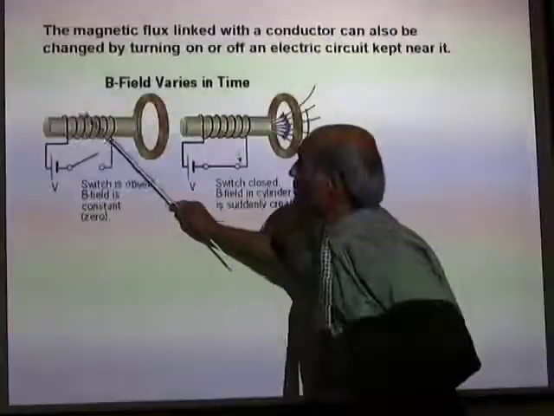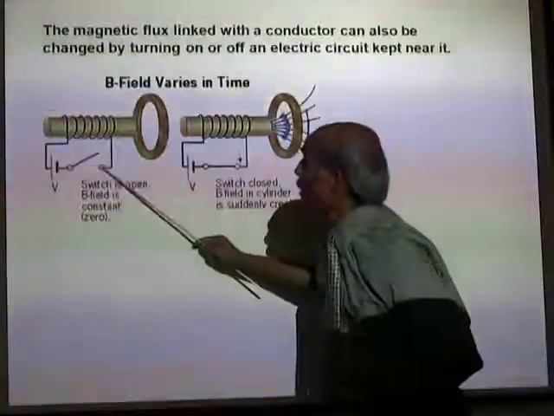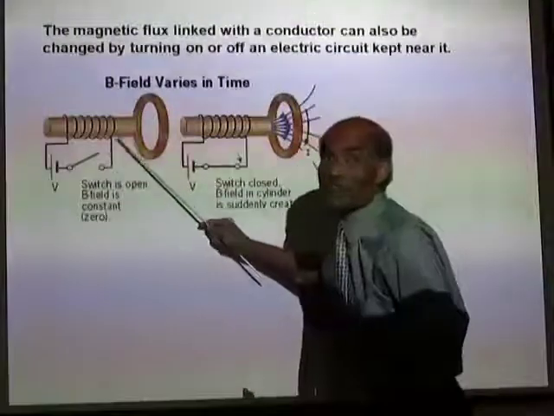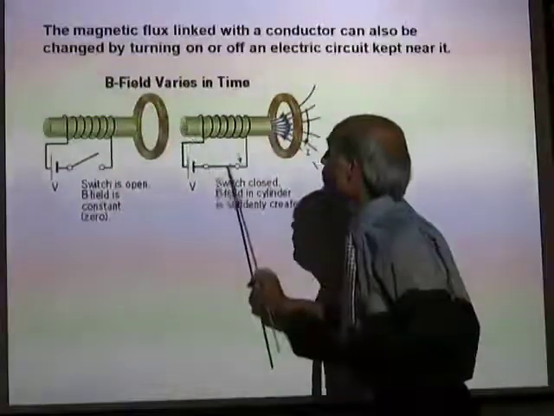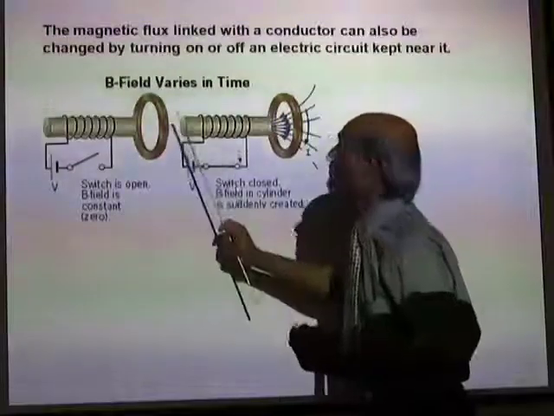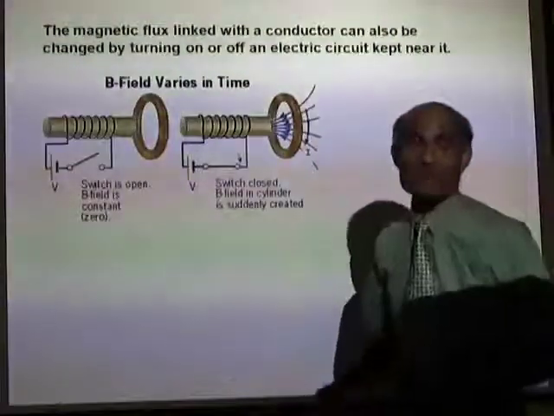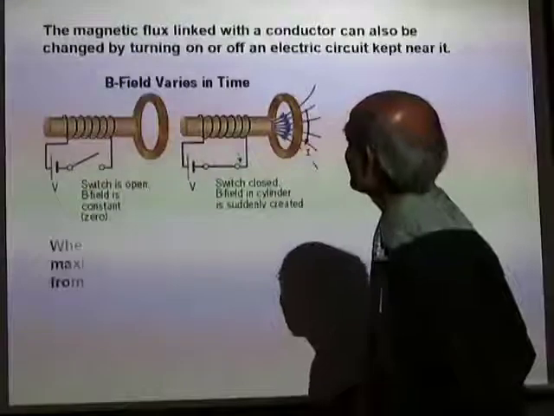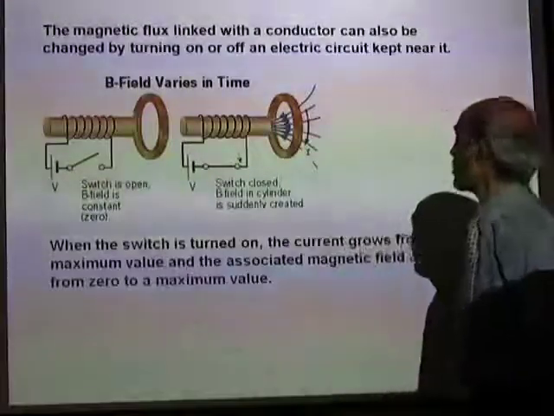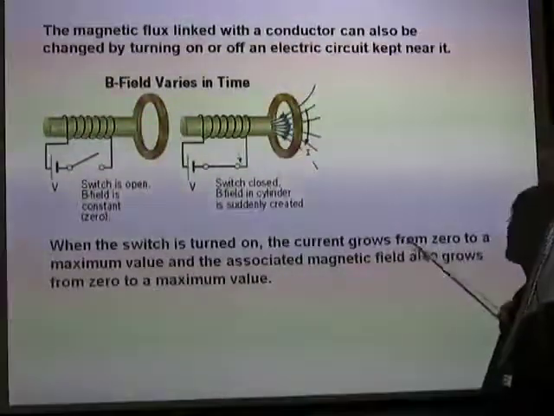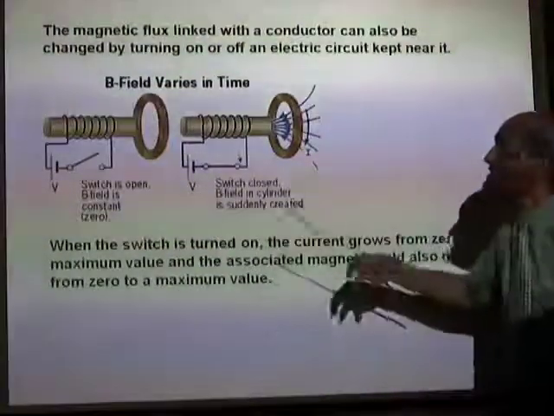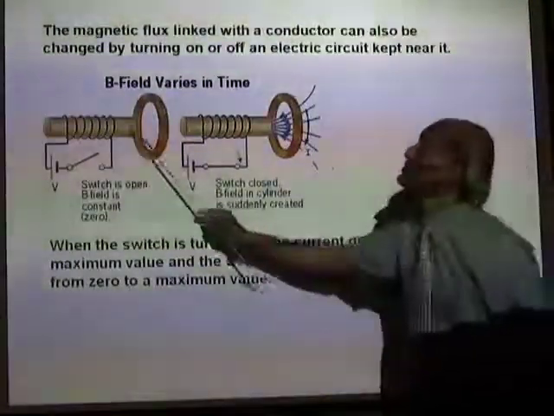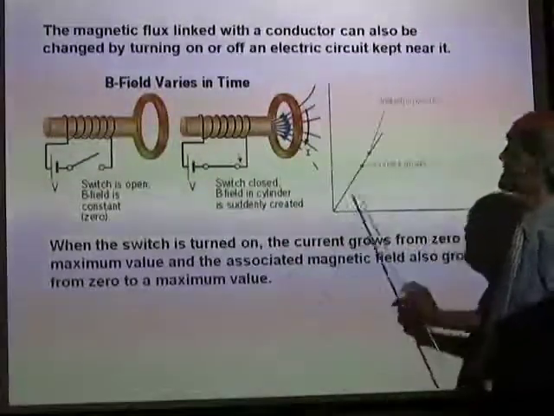So when the current in this coil is turned on, that increasing magnetic flux will induce a current in this coil. Also, when the current is turned off, there will be a similar induction. So when the switch is turned on, the current grows from 0 to a maximum value in there, and the associated magnetic field also grows from 0 to a maximum.